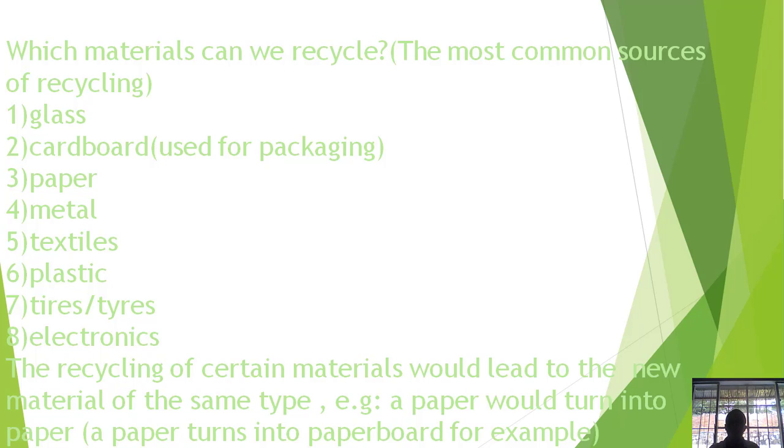If you are recycling a glass bottle, it can also be used to manufacture, for example, mayonnaise jars or a jam jar, which is made of glass. So in most cases it works like that, but not only like that, because another material can also create another material. This is how things work.